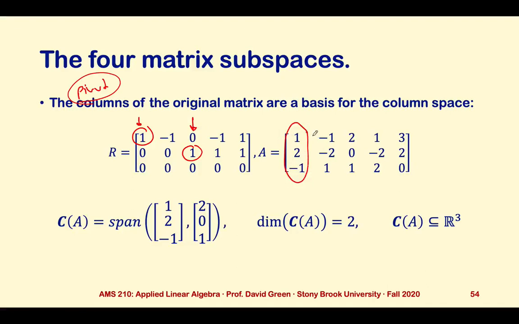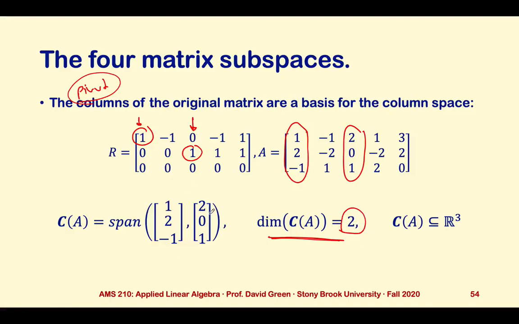So we pull out column 1 and column 3, and these are a basis for the column space. 1, 2, -1, the first column, 2, 0, 1, the third column. The number of pivots is the dimension of the column space. Dimension of the column space is 2.